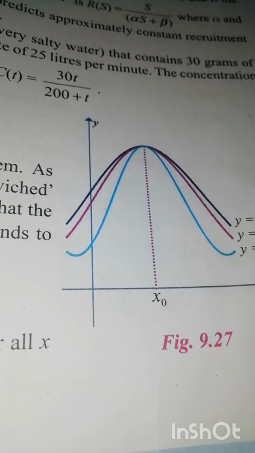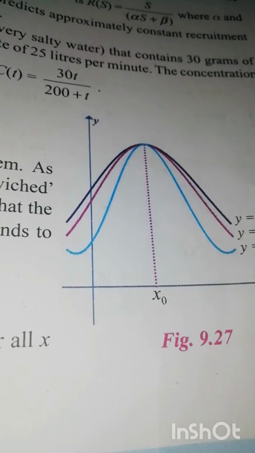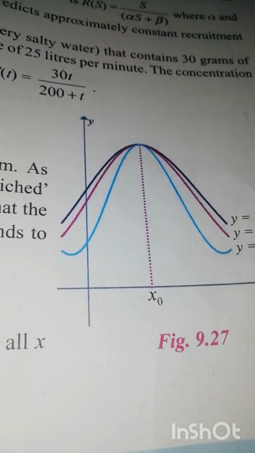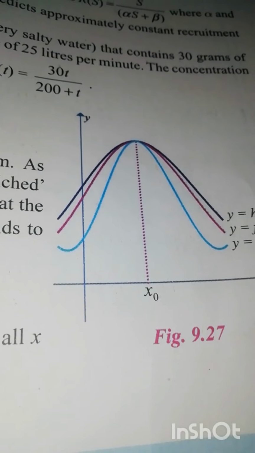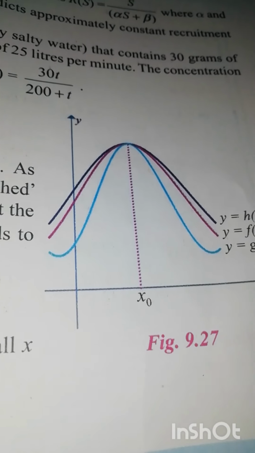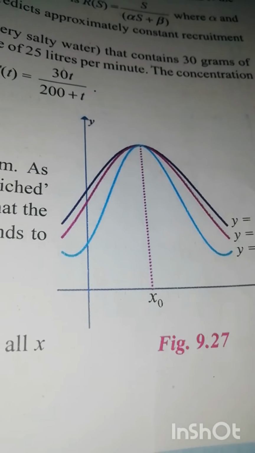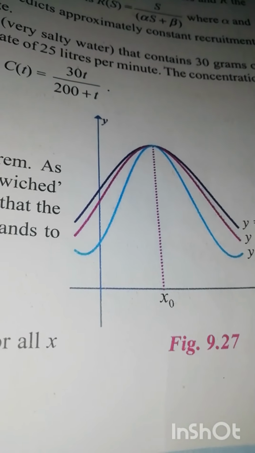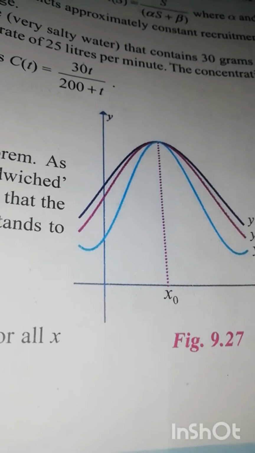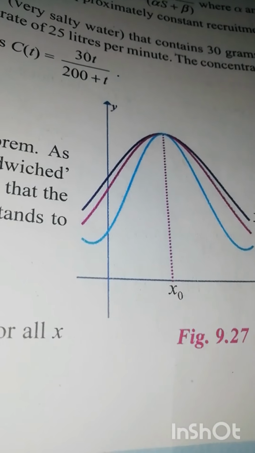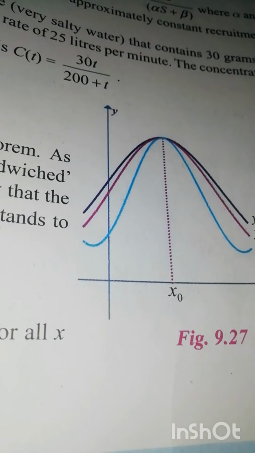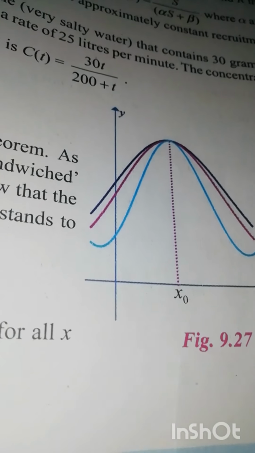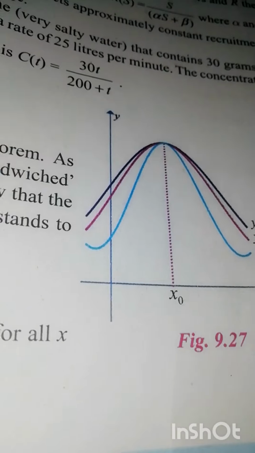Limit x tends to x naught: from 0 to x naught is the left hand limit, and x naught to x naught plus h is some interval. If the left hand limit and the right hand limit are both equal, both are symmetric.